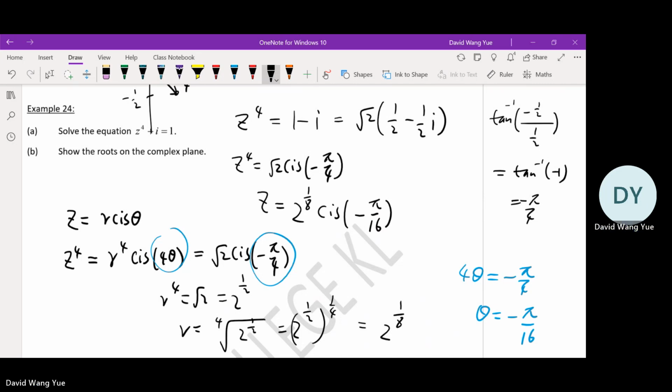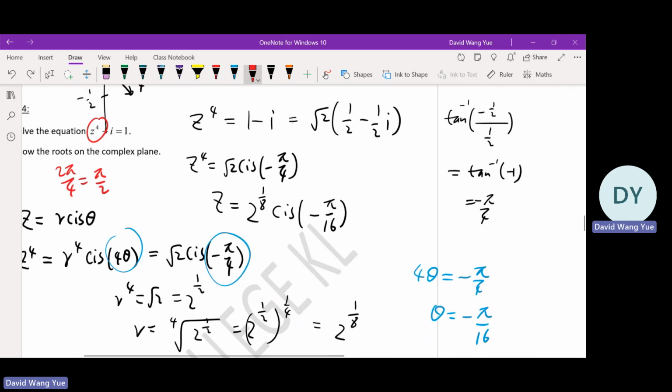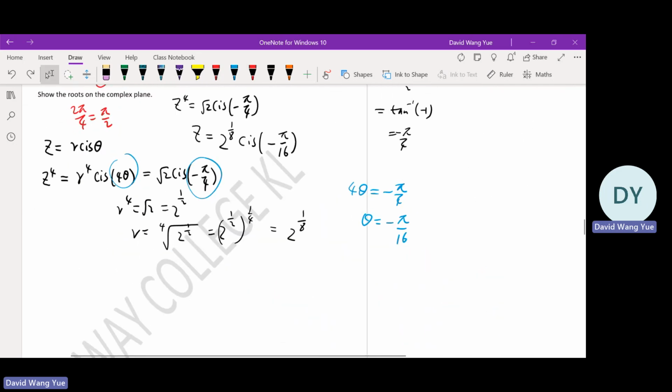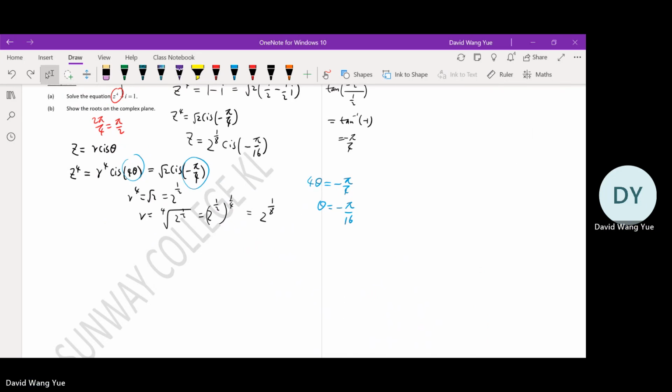So the modulus is root 2, take the fourth root, and the argument is minus pi over 4 divided by 4. After we work out the first root, since there are 4 roots, we use 2 pi over 4, so it's pi over 2. We just need to add or subtract a multiple of pi over 2. Z1 is 2 to the 1 over 8 cis negative pi over 16.